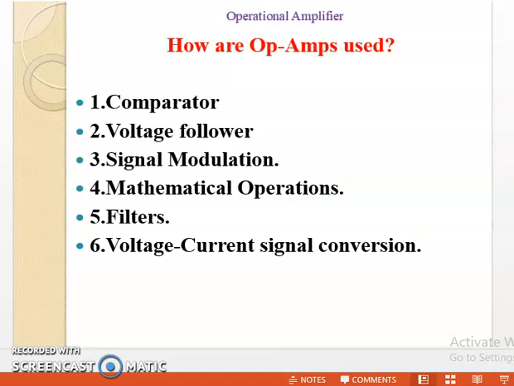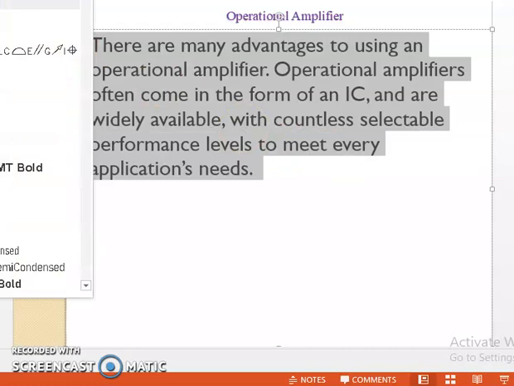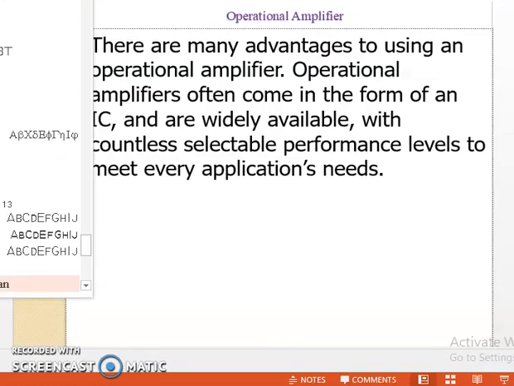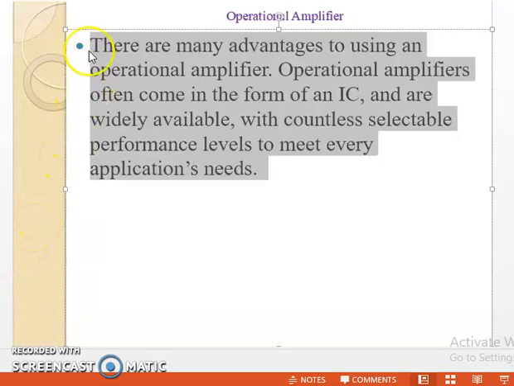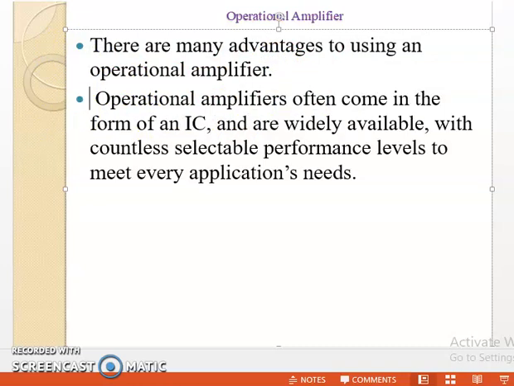There are many advantages of operational amplifiers. Operational amplifiers often come in the form of an IC, integrated circuit, and are widely available with countless selectable performance levels to meet every application's need.